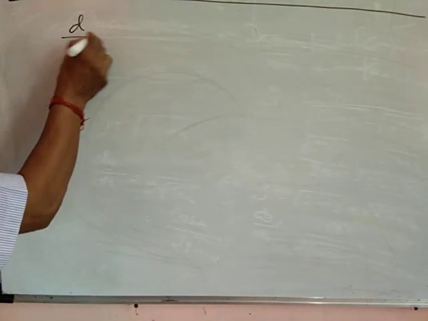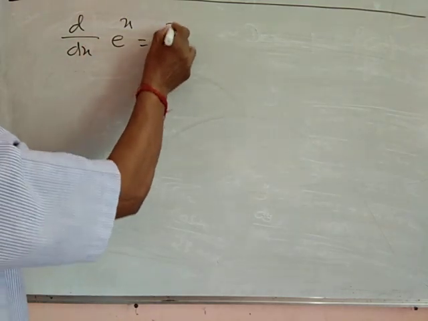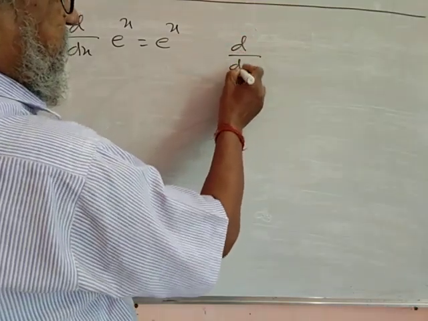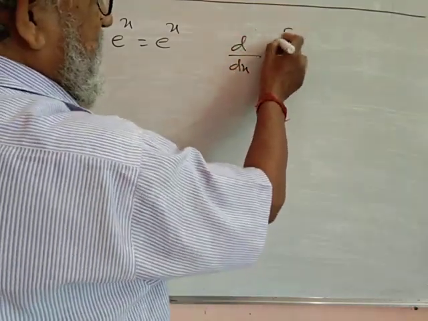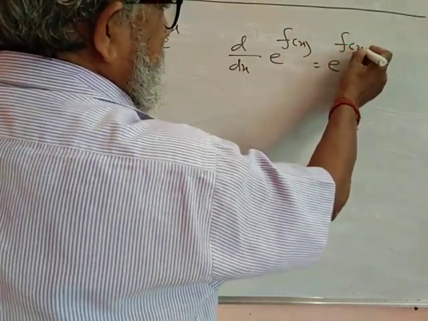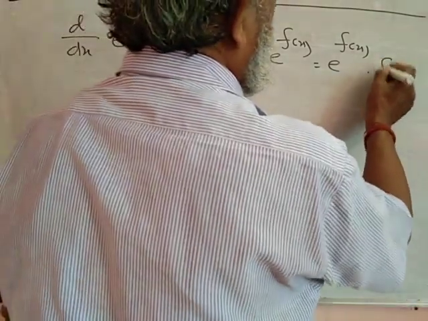I have given you d by dx of e raised to x is equal to e raised to x. Similarly, d by dx of e raised to f x will be e raised to f x, but you have to find the derivative of f x also. So it is f dash x.